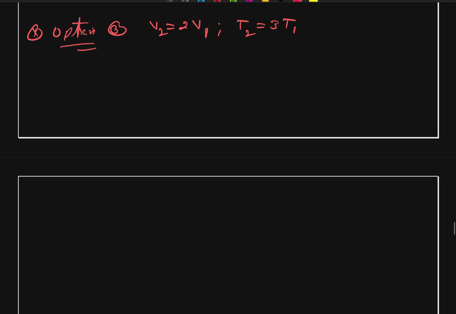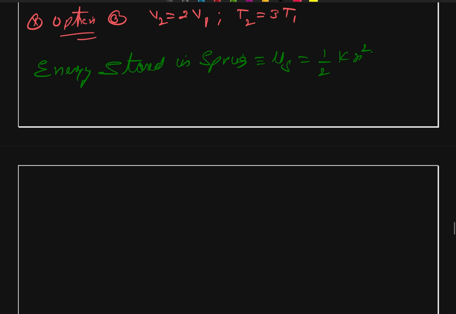We know the standard formula that energy stored in spring, that is U of S, will be equal to 1 by 2 K X square. X we already know, so we get U of spring is equal to 1 by 2 K, and this is our V2 minus V1 by A, whole square.